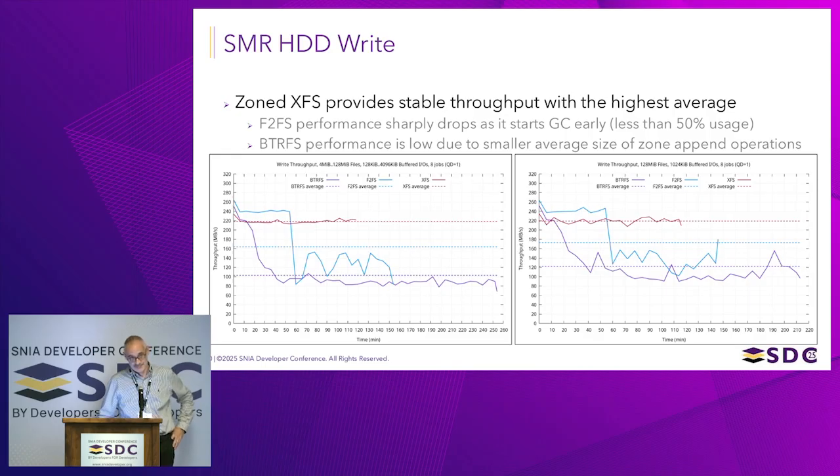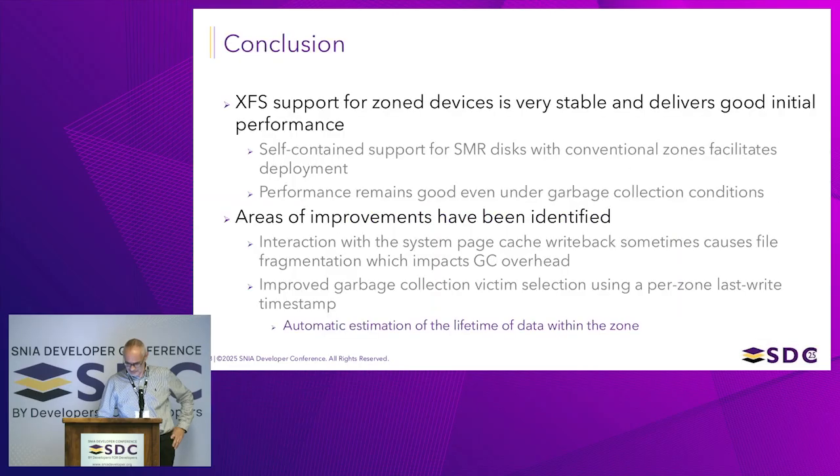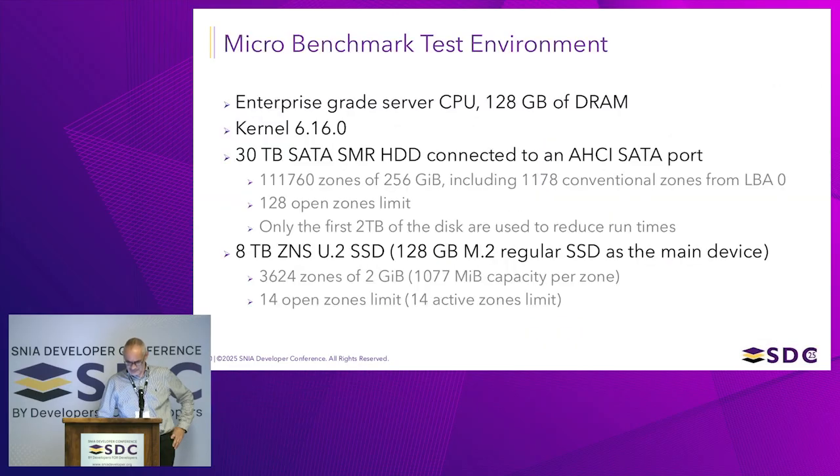Maybe you want to jump to the backup slide that has the hardware setup. My question is, how sensitive are you to those parameters, and do you have to detect them? The question is how sensitive we are to the drive parameters, the zone size and the number of open zones.